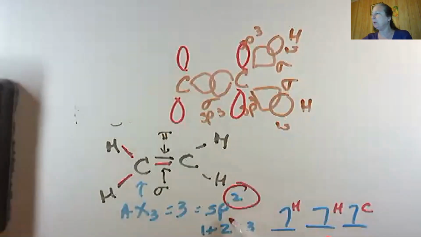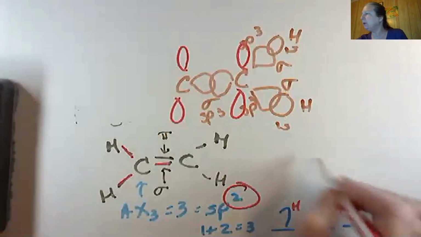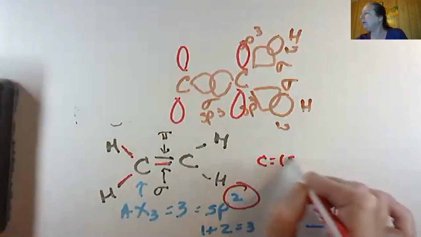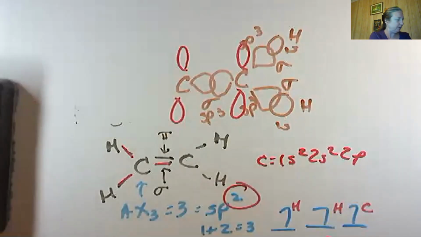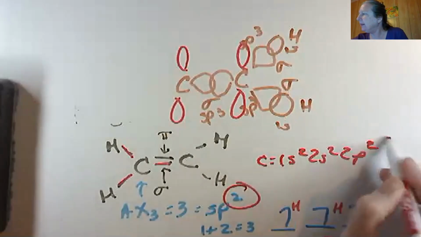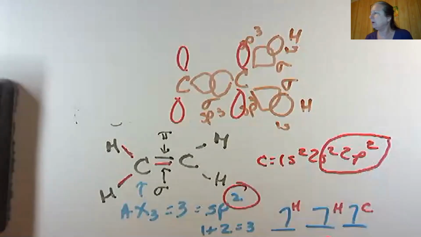Because remember, carbon is 1s2, 2s2, 2p2, where's my periodic table? These orbitals are the ones that are used. I'm running out of room.